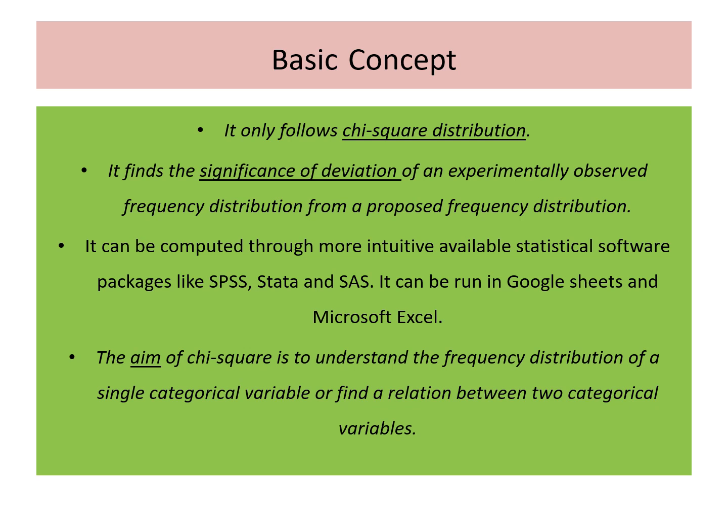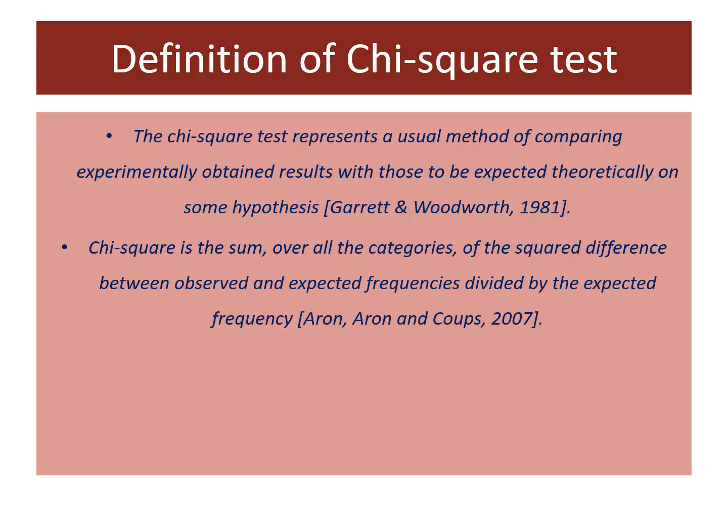The aim of the chi-square test is to understand the frequency distribution of a single categorical variable or find a relation between two categorical variables. From this point, we have a clear sense that chi-square may involve one variable or it may include two variables, but whatever the variables it includes, they should be categorical in nature.